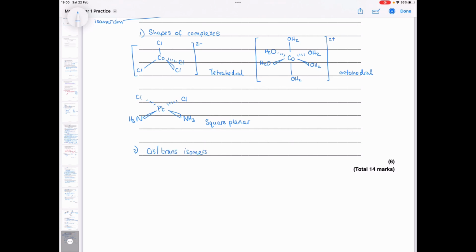And here we could have cis and trans platin. So let's draw the trans platin again. And we could also draw the cis platin.